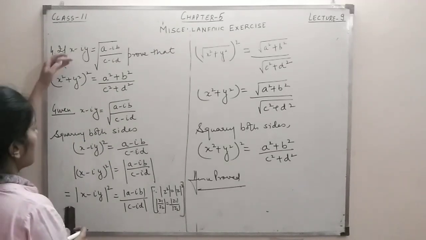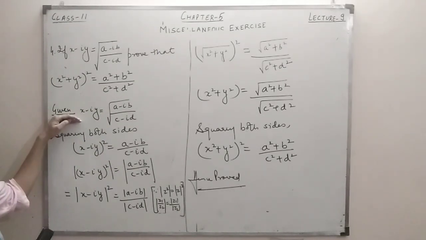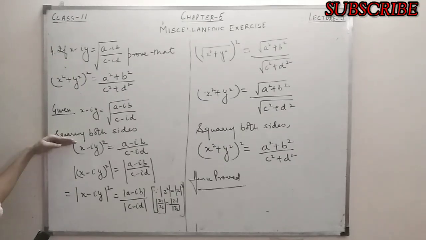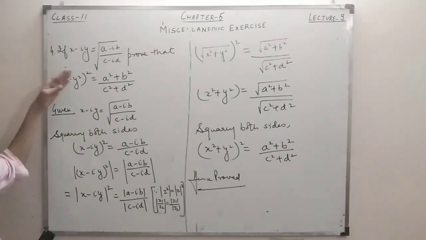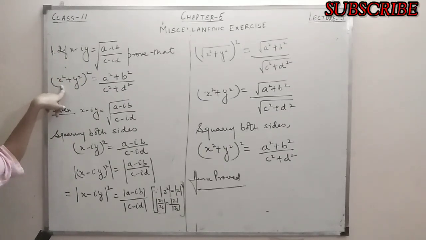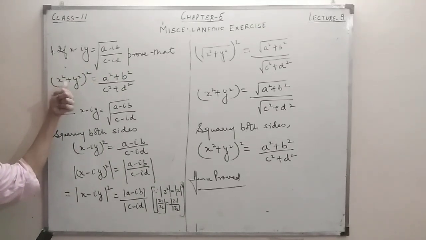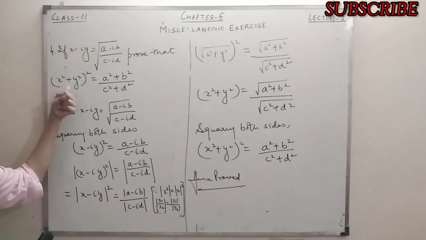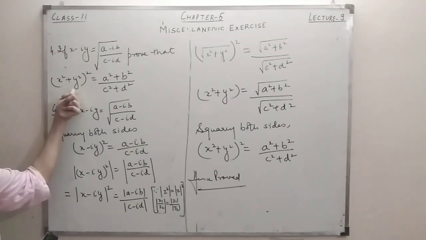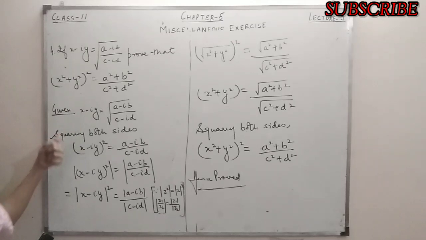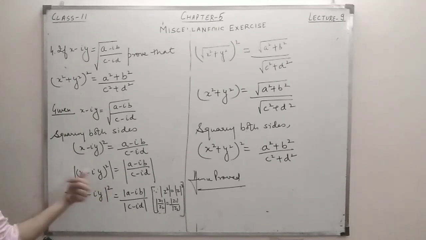So like this, what is given, we have to start from there. The first step, squaring both sides. After that, taking the modulus, because we have to prove that x square plus y square, that is real part square plus imaginary part square. So it means we have to find the modulus here. So find the modulus and then use the property of modulus.